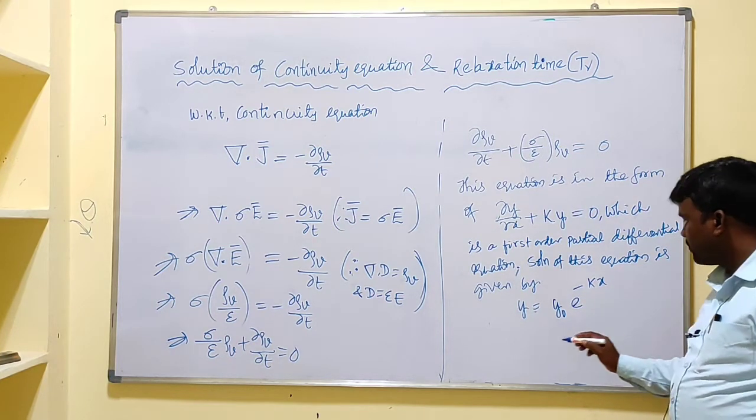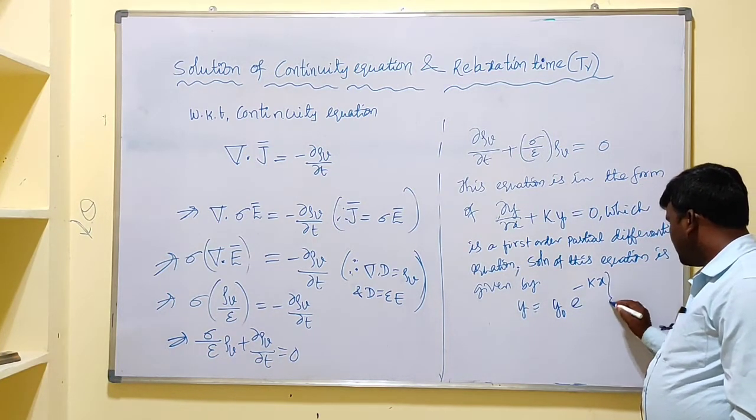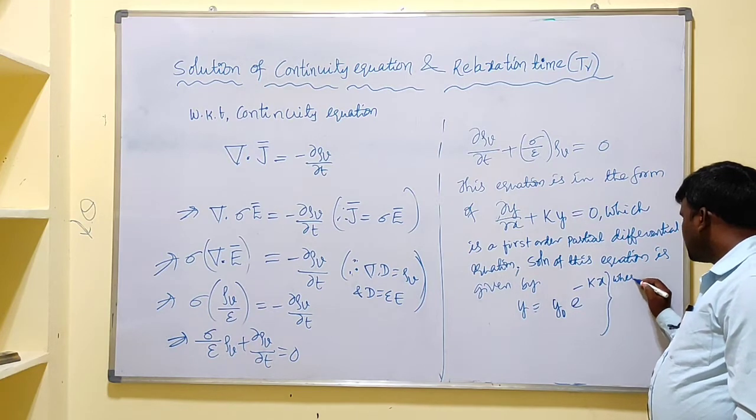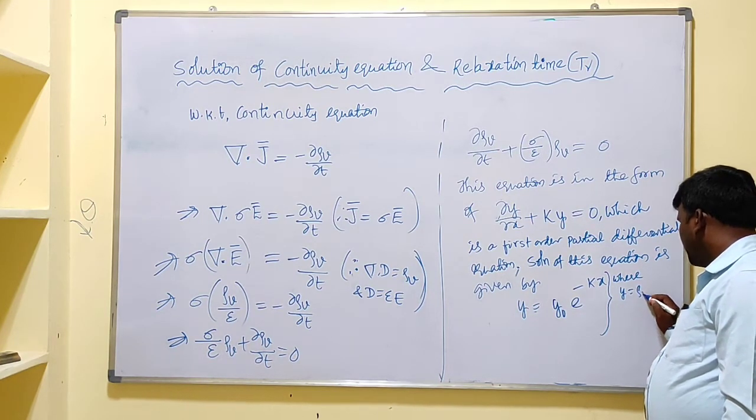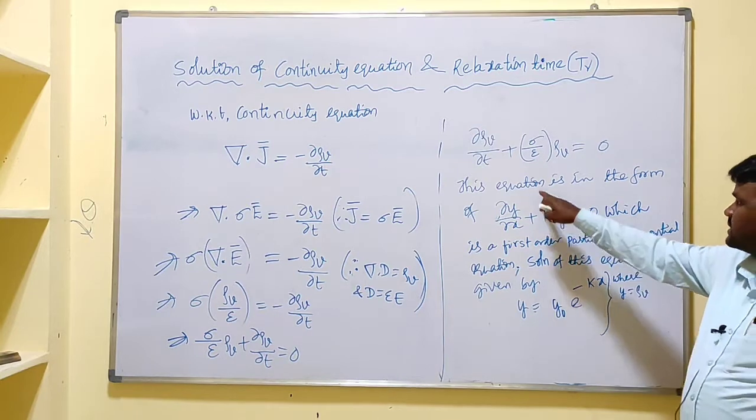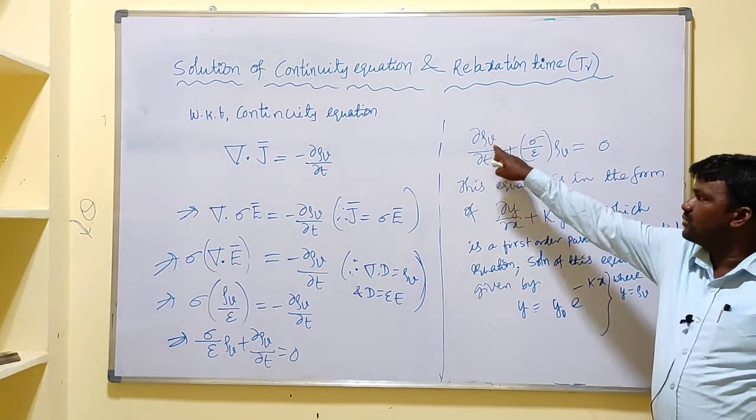Where, by comparison, y is rho v. This equation is in the form of dou y by dou x, meaning dou rho v by dou t.